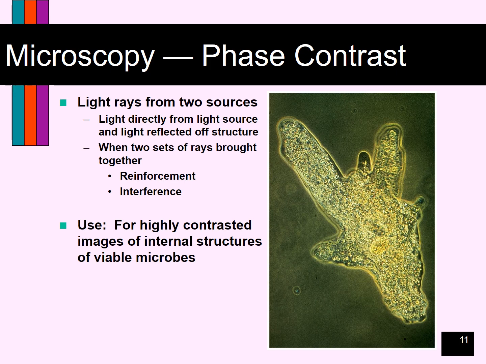But if they are out of phase, so like when one wave is peaking, the other one is in the deepest part of its valley, that is referred to as interference, and that is going to lead to decreased brightness or relative darkness.